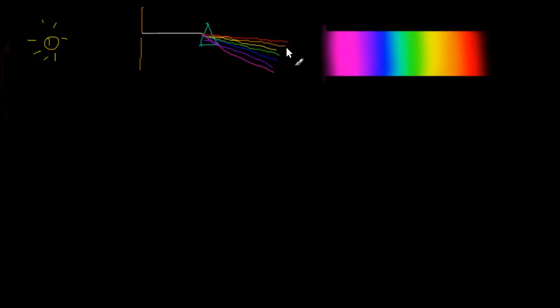Okay, so let's imagine that he put a screen or a piece of paper there, and this is what he observed on that piece of paper. And maybe a white piece of paper down here.